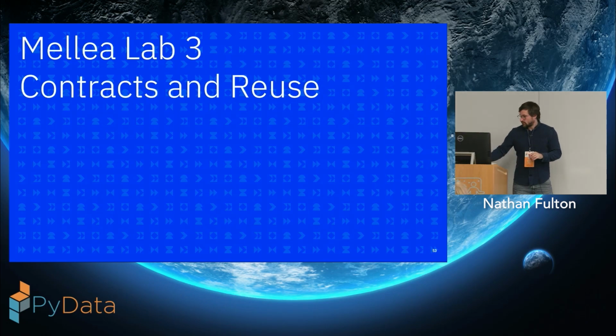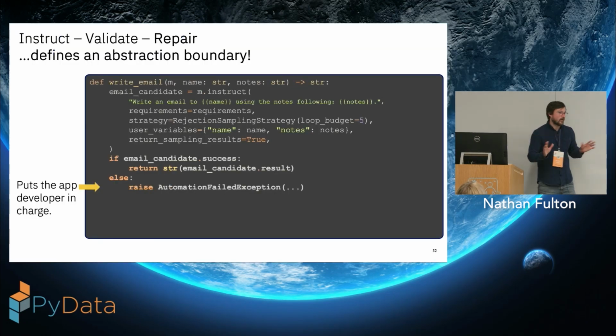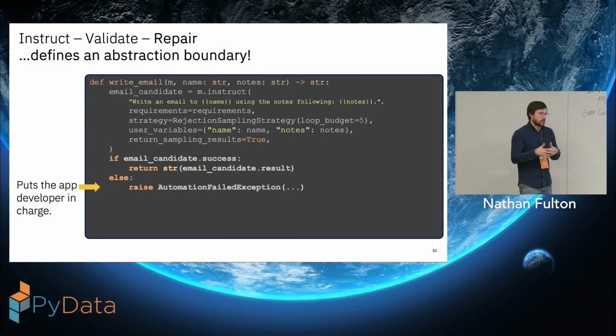Cool. I want to mention one more time that all of the examples in this are didactic. We have an hour, so we try to take things that we see are useful over and over again and provide you with really simple examples of those. But for this instruct, validate, repair thing, in Mellea we provide a bunch of batteries included stuff. So there's a nice interface for requirements.